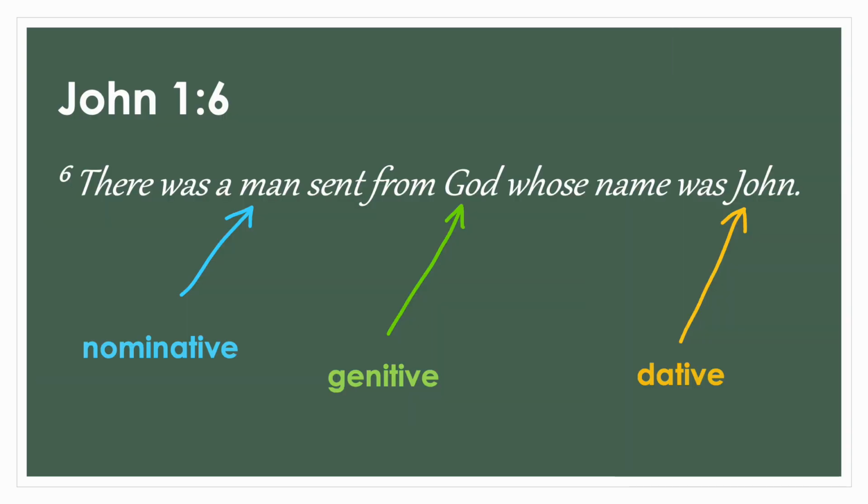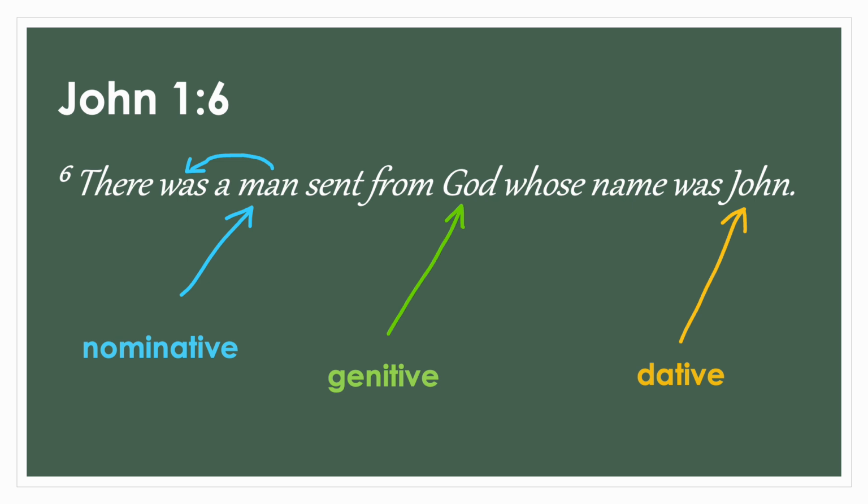So on that first question, the man, which is John the Baptist, is in the nominative. God is in the genitive. And the name, John, not the actual person, but just the noun that is his name, John, is in the dative.